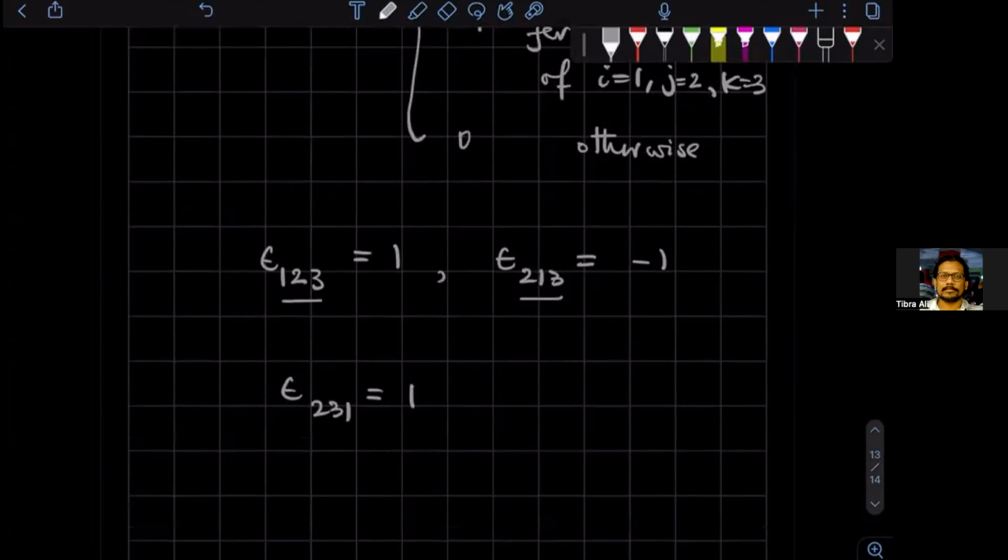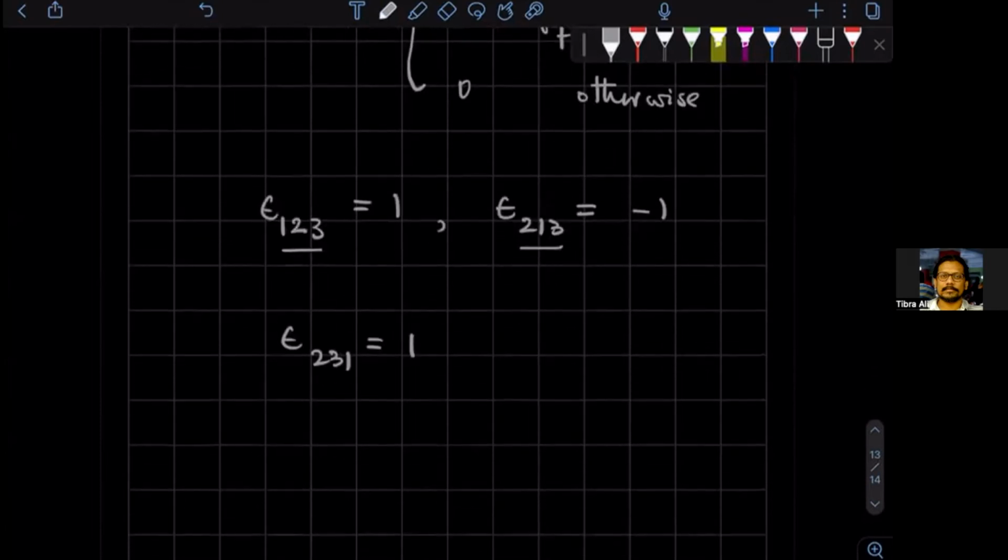So that would be 1. But if you have 1, 2, 2, that's going to be 0. If you have, say, 1, 1, that will be 0. So any index, if it's repeated, then it's going to be 0. Okay, so then epsilon 2, 3, 3, etc. These are 0.